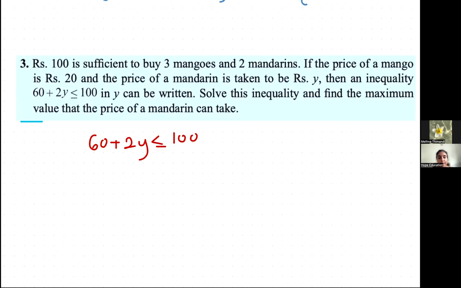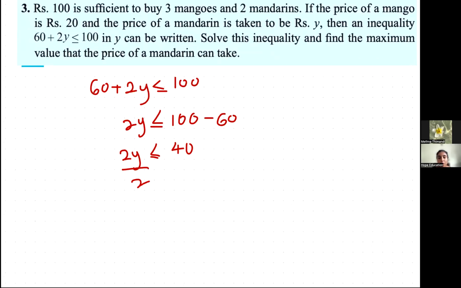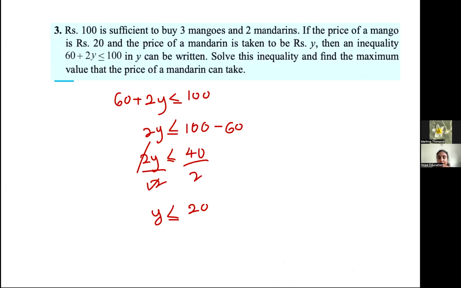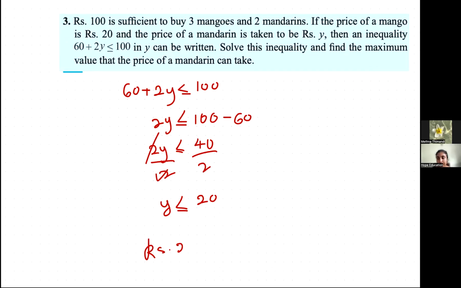The 60, when I bring it to the other side, it becomes minus 60. So 2y less than or equal to 100 minus 60 is 40. Then divide both sides by 2, you get y is less than or equal to 20. Then what is the maximum value that the price of a mandarin can take? It can take 20 rupees. Did you write this? Yes, teacher.